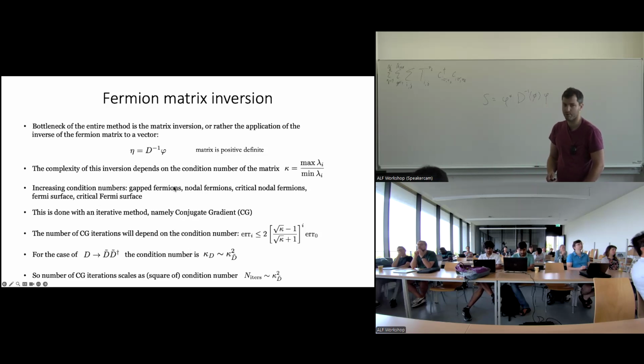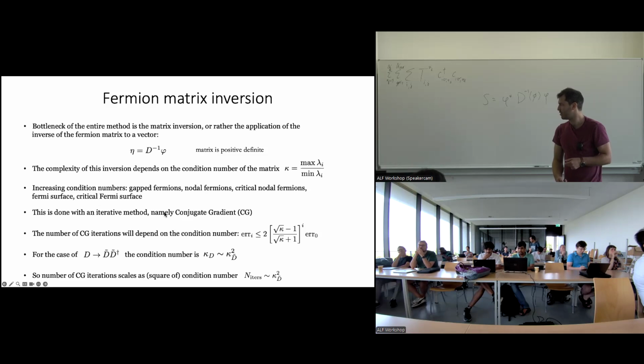That's all you care about. In this conjugate gradient iterative method, the number of iterative steps that you need to solve this equation to a given error that you desire, compared to the error that you start with from some initial guess, scales with the square root of this condition number.